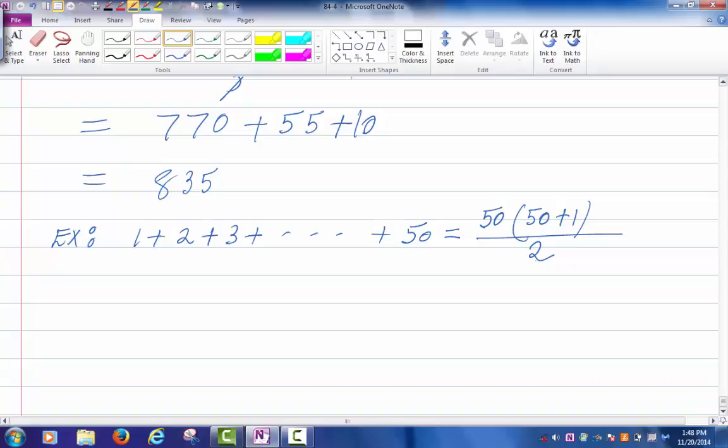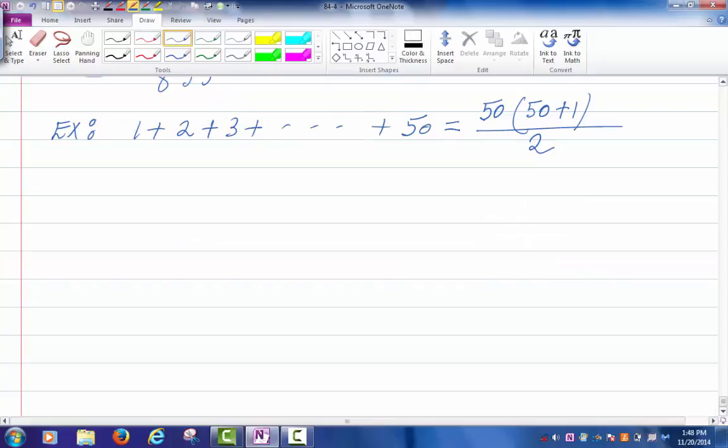Is everybody okay with that? All right, so I'll let you simplify that. Everybody feels comfortable with summation notation? All right.